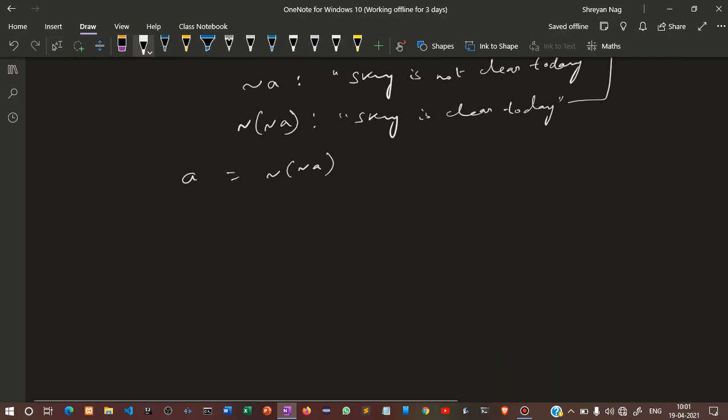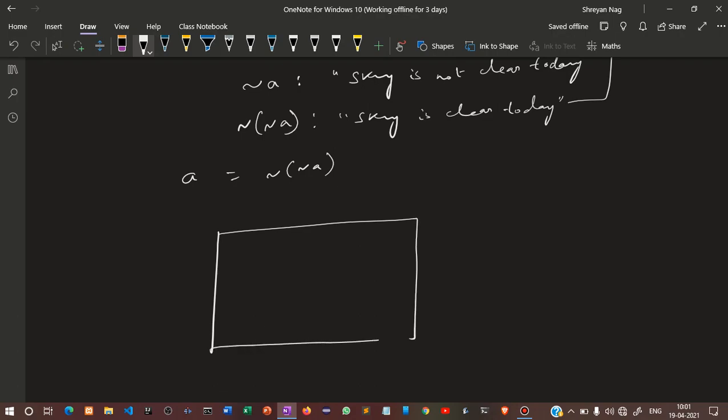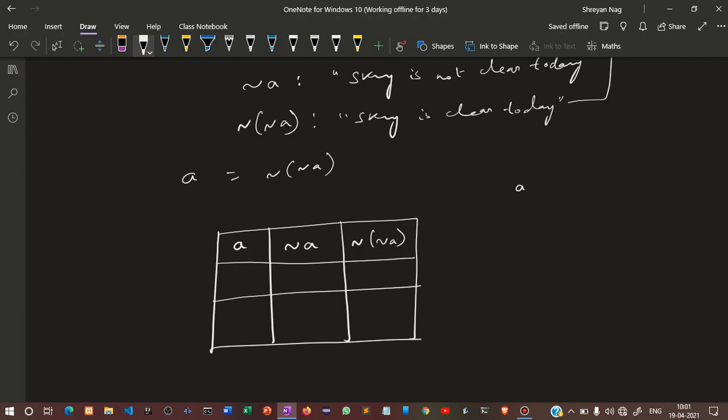So let us do the truth table to understand it better. A, negation A, again double negation A. Since there is only one variable, that is A only, 2 to the power of 1 equals two combinations.